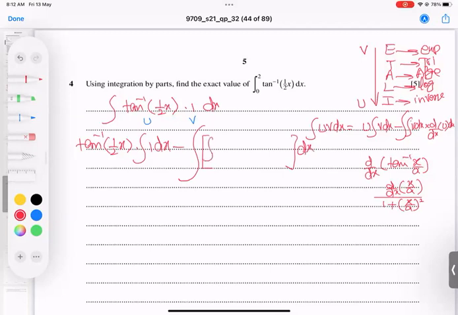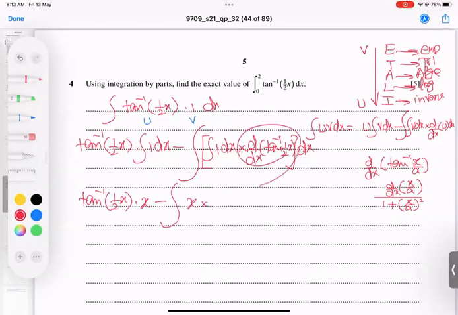So again, integration of 1 times the derivative of tan inverse of half x. I hope you got the formula. If you compare with this formula, you understand. So tan inverse, and integration of 1 becomes x. So tan inverse of half x times 2x, a big integral sign, and this integration again, you know it, x.